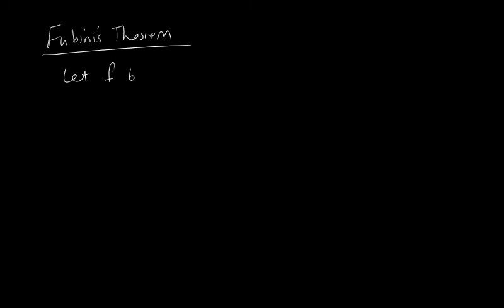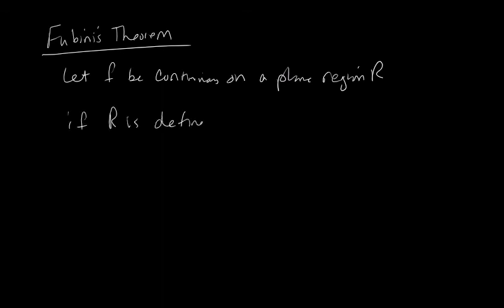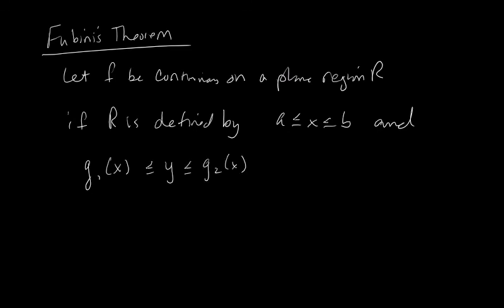So let f be continuous on a plane region R. Okay, then if R is defined by x between a and b and y between two functions of x, g1 of x less than or equal to y less than or equal to g2 of x, where g1 and g2 are continuous on a to b.